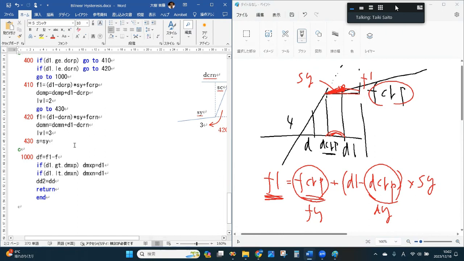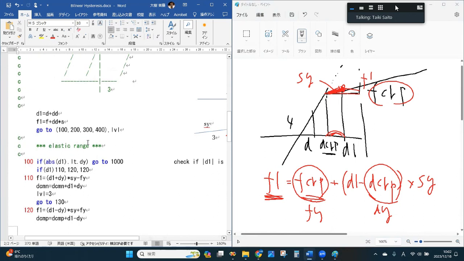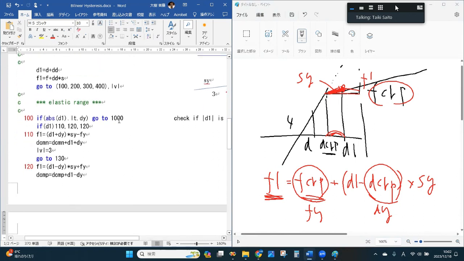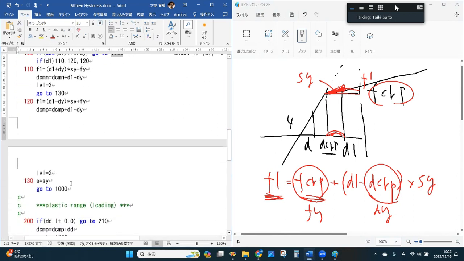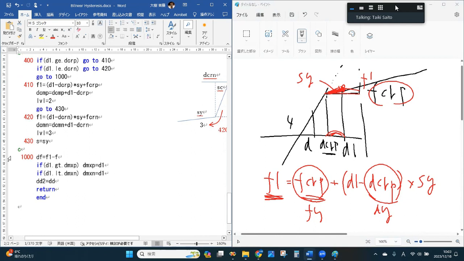Okay. And after all the levels, finally it will go to 1000. So every step you will finally go to 1000. So this is the fourth increment.